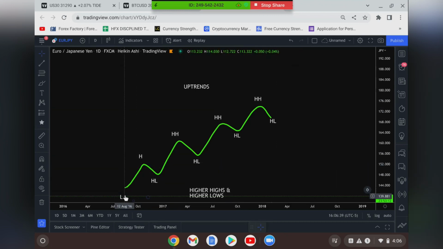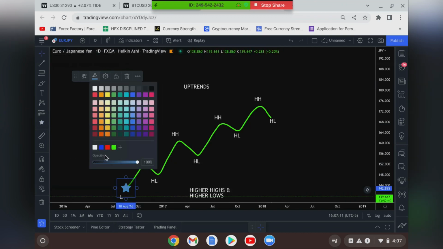At the very bottom of this trend, we have our low, and then we have our high point. This is our starting low and high point in the market. What you will notice with an uptrend is that your lows start to become higher, producing higher lows. We have our low, then we have a higher low within the market. Let me place a star here so you can see what I'm talking about. This is our low. Then we have our higher low.